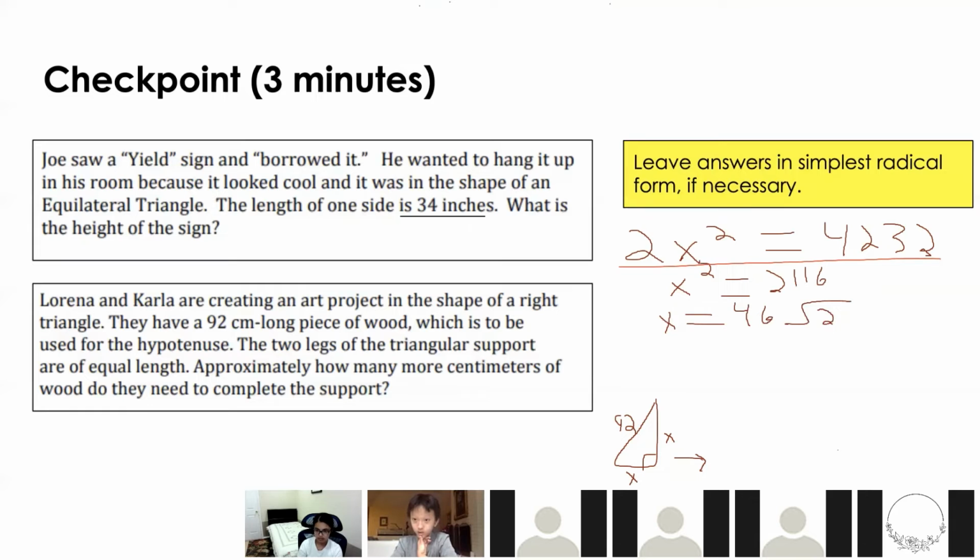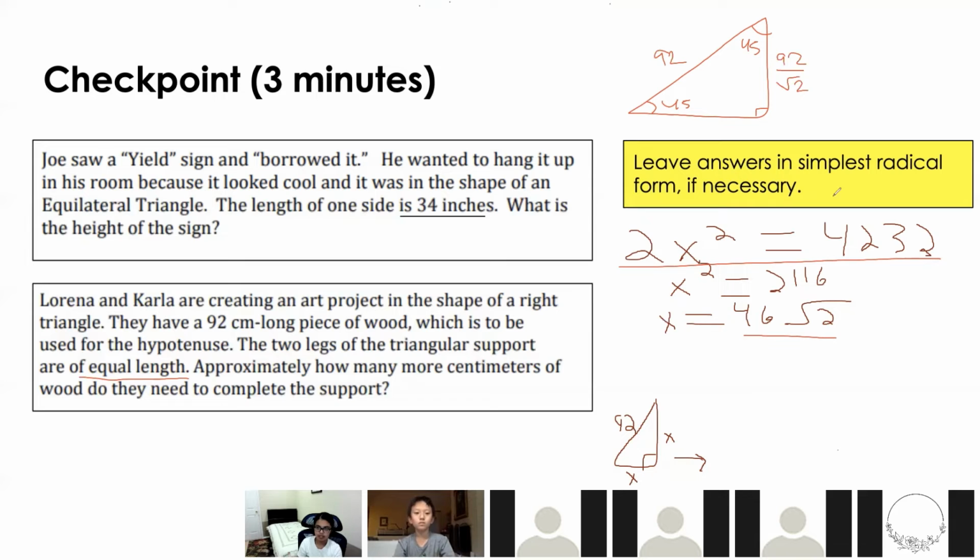Another way you can do it is basically the same thing, but with the 45, 45, 90 right angle triangle. We know this side is 92. By the 45, 45, 90 triangle, this will be 92 over root 2.